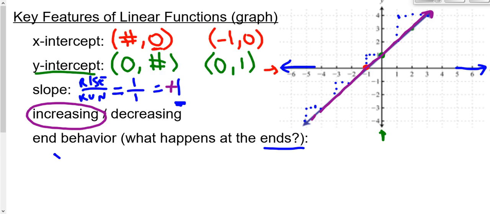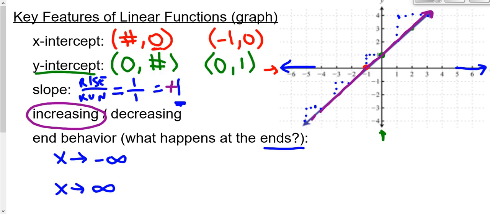So we're going to look at x approaching negative infinity. We'll use an arrow to show that we're approaching negative infinity, because remember, we can never get there, but we can get as close as we can. And we're going to be looking at x approaching positive infinity, and we're going to see what our function does. And we can look at what our function does by looking at the outputs of our function. And remember, our outputs are our y values.